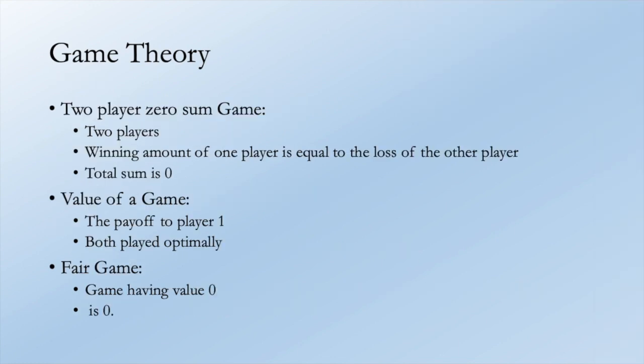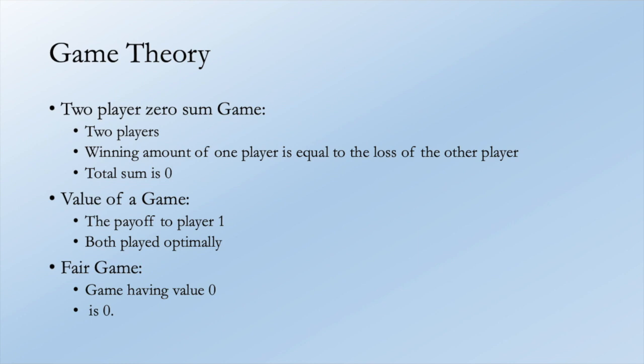In this course, we are particularly interested in the two-player zero-sum game. As the name says, we have two different players playing the game, and it's zero-sum because the winning amount of one player is equal to the loss of the other player, so that the total sum is zero.